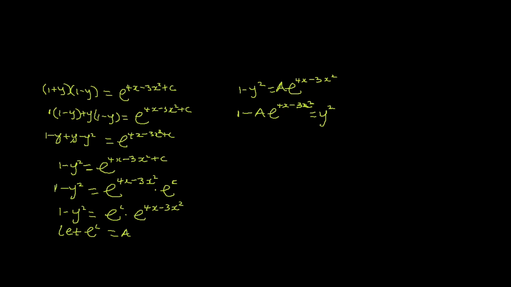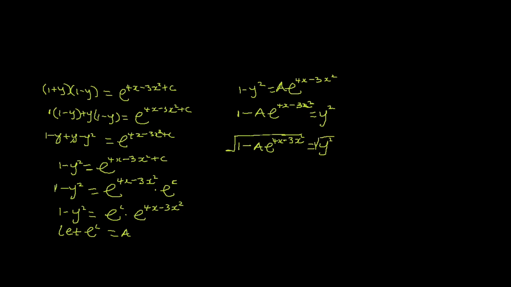From here now, take square root of both sides just to eliminate the square here. We'll have square root of 1 minus a exponential 4x minus 3x squared, let me extend my square root, equals y squared in the square root.